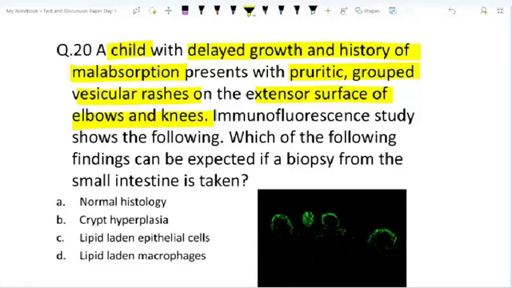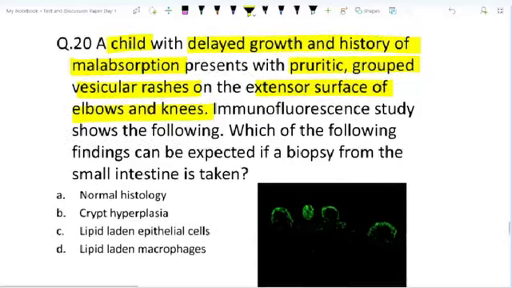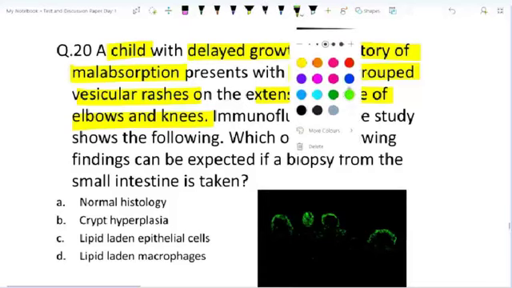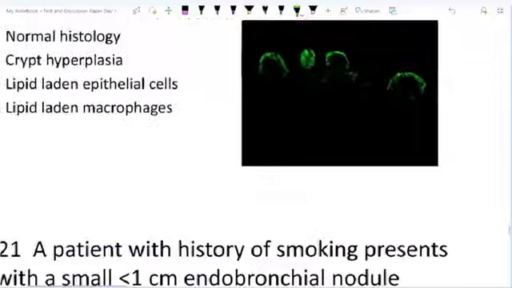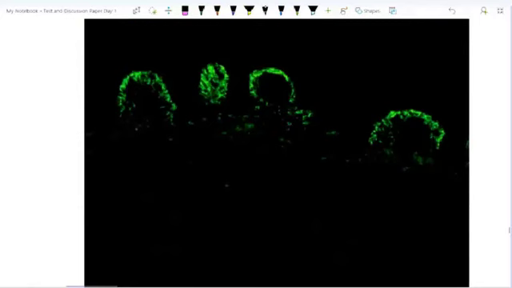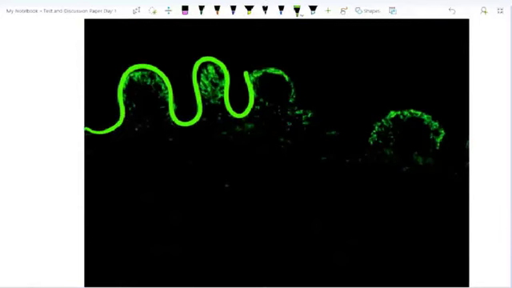Immunofluorescence study shows the following. First of all, let's see if you can interpret the immunofluorescence study. Look at it closely. You should be able to appreciate that whatever we targeted has shown up only at the dermal papillae.